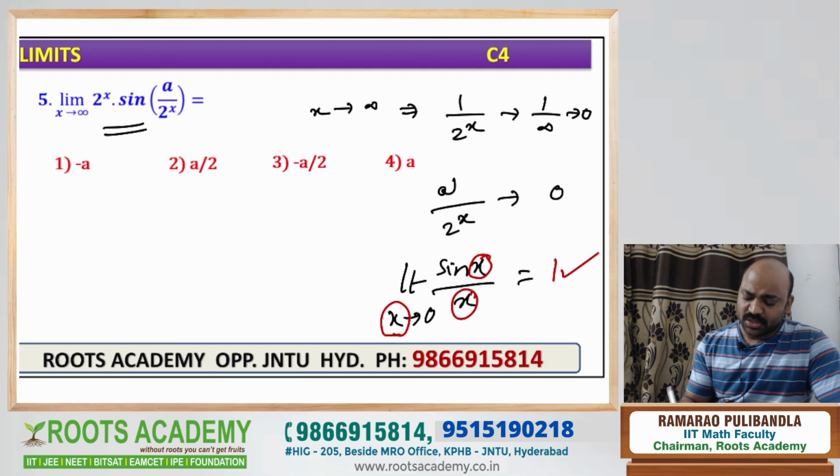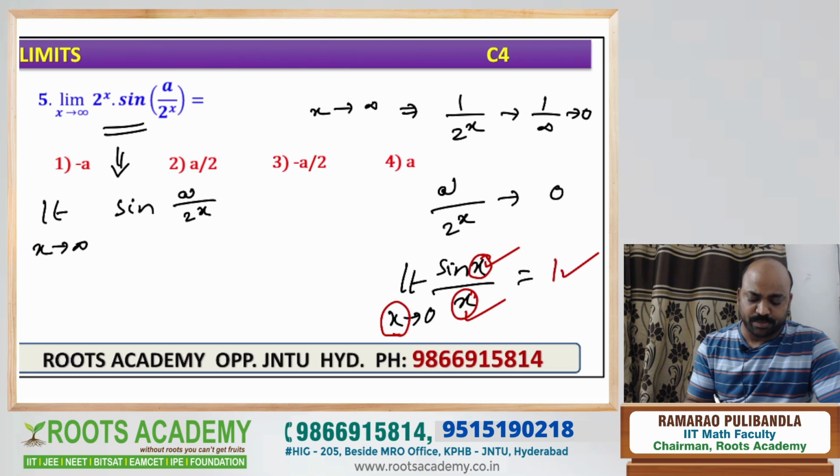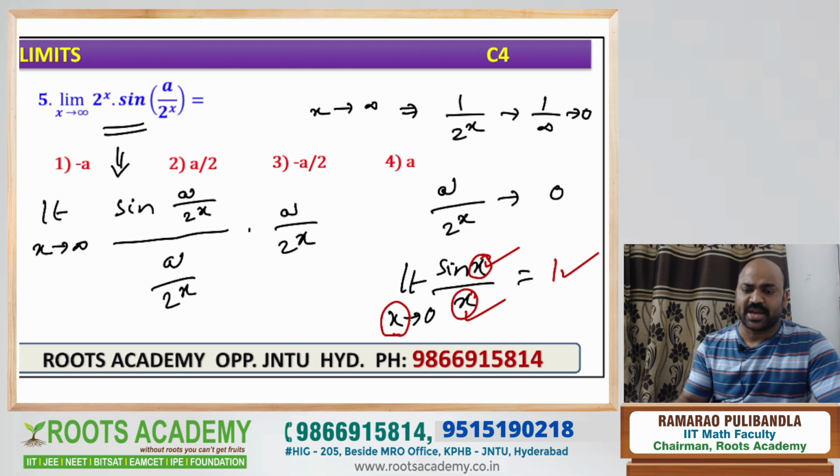That's the standard limit. Whatever you have in the numerator, you should have the same thing in the denominator also. So can you rewrite this, dear students? Limit x tends to infinity of sine of a by 2 power x by a by 2 power x, into, I should multiply it, because I am getting 2 power x by x here, dear students, try to understand.